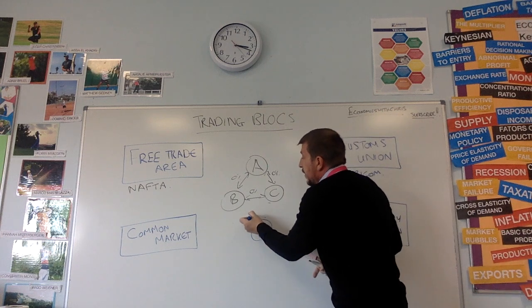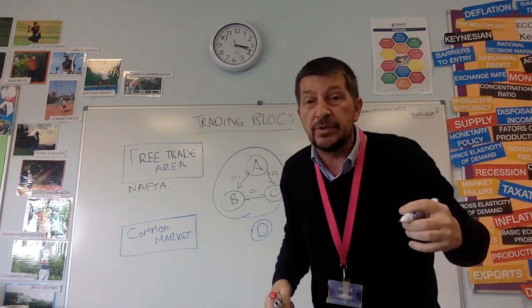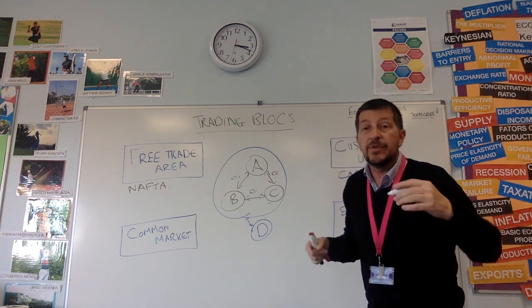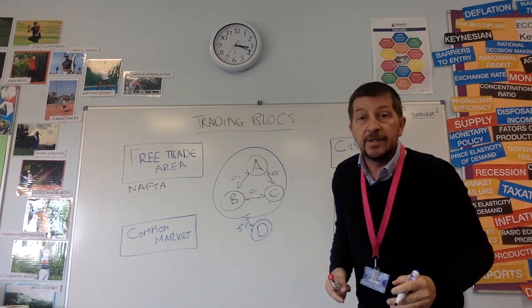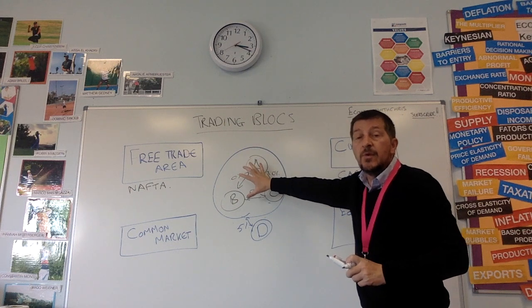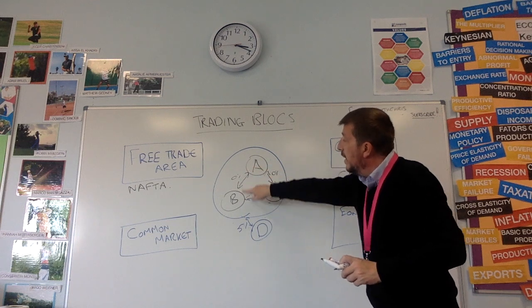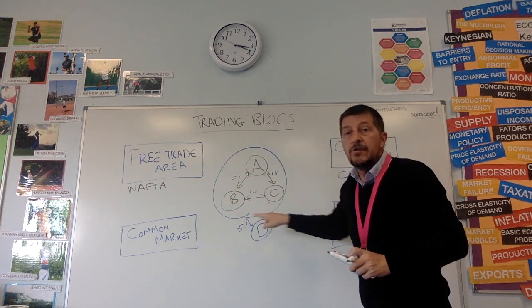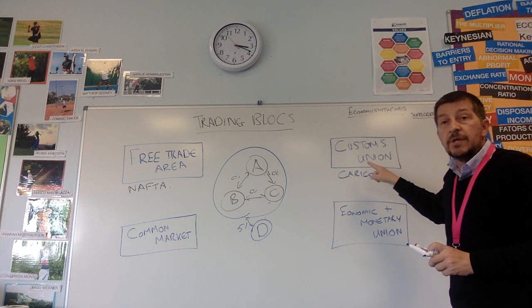So they create what we call a ring tariff or an external tariff, and their trade deals with other countries have been unified. They are acting as a customs union when dealing with third parties. They have no internal tariffs, and they have added the ring tariff. That makes them what we call a customs union.